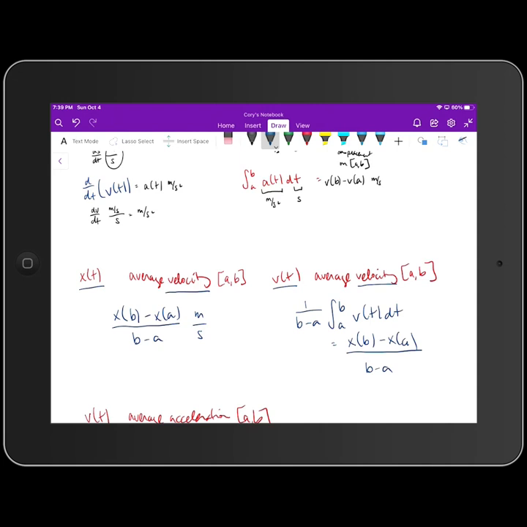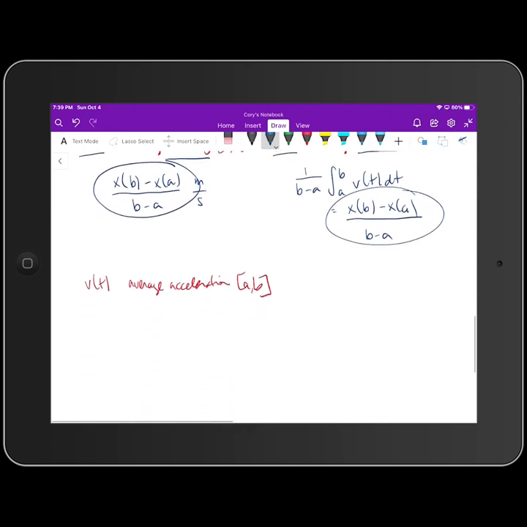So these two things compute the same quantity, the average velocity. They look different, but when you manipulate that average value formula, in this particular case, it and the average rate of change are exactly the same.